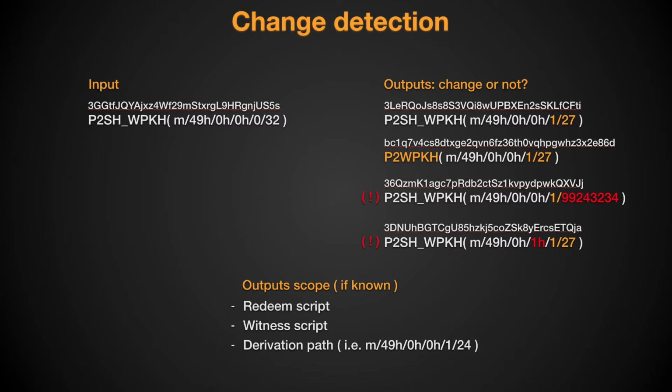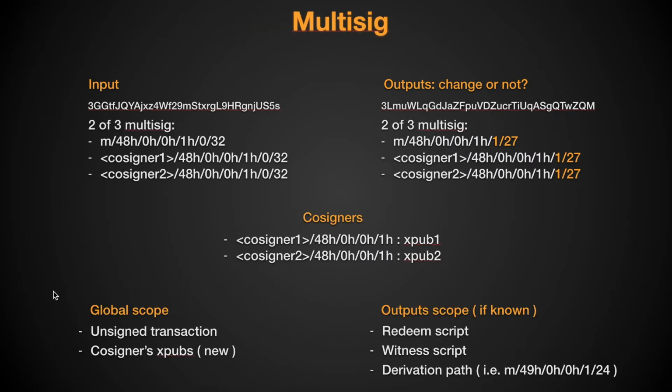Another tricky thing: this is only for single key path, single key scripts, and multisig is even trickier because there you have other cosigners and you don't have private keys of these cosigners, obviously, and you need to verify that your outputs actually belong to the public keys corresponding to the same root keys as an input.